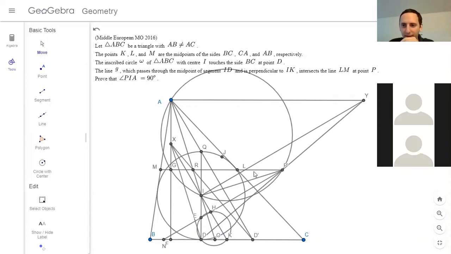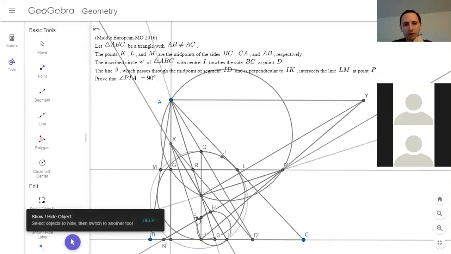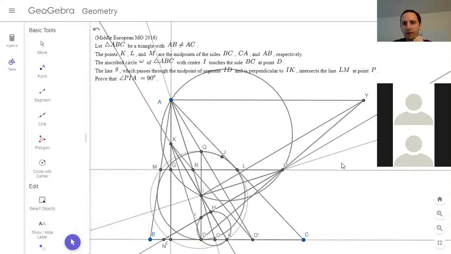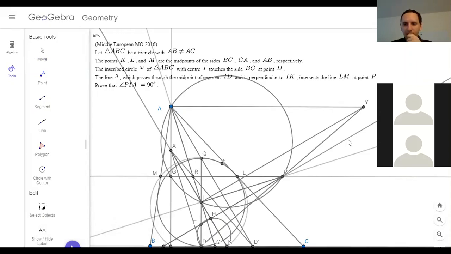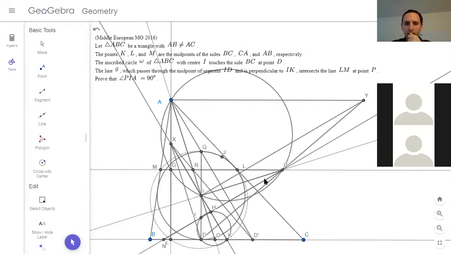So EH is perpendicular to IK. No, we're trying to prove that, right? That EH is perpendicular to, well, I guess it depends how we define things, right? If you're defining H to be, can I define P as in the problem? Yeah, I can do that. Okay, so then you think that solves it. Let me just read through what you did for a second.